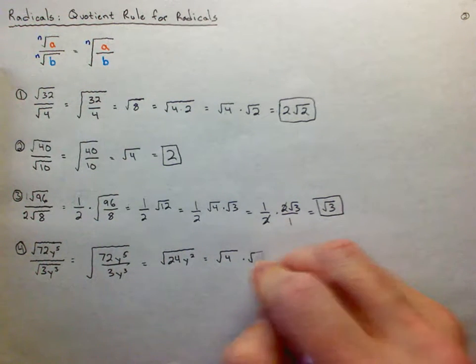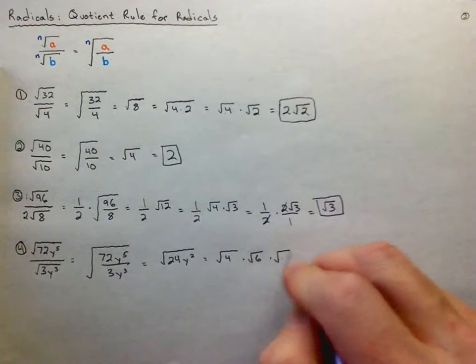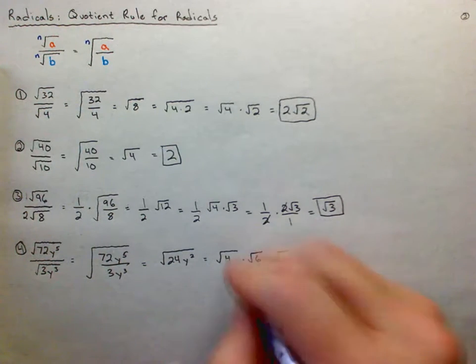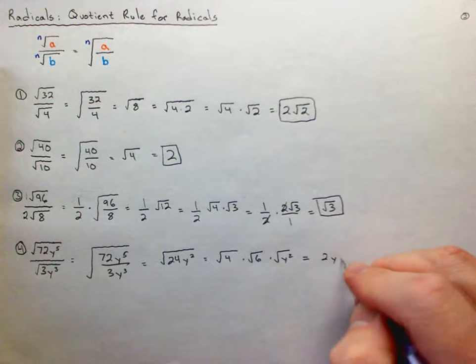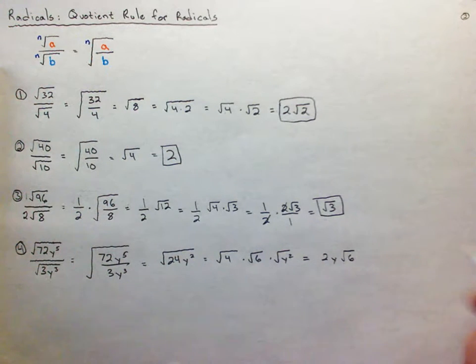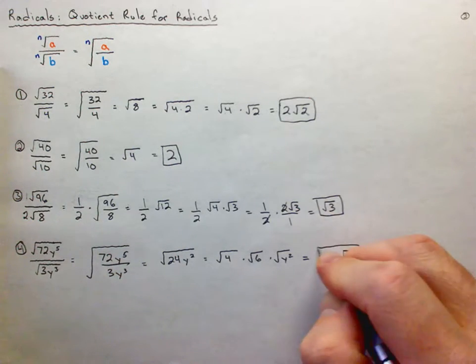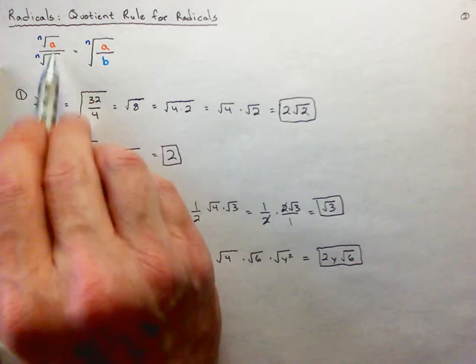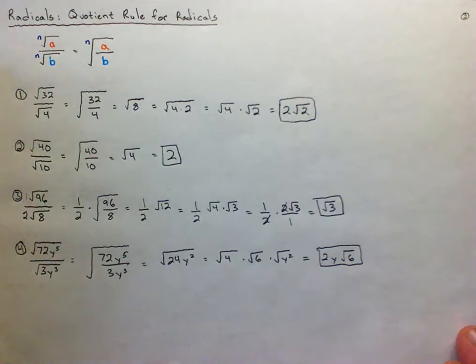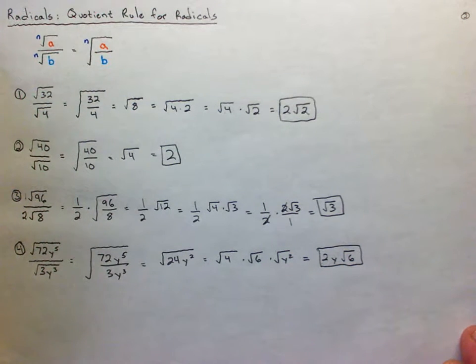Very good. So the square root of 4 is 2, the square root of y squared is y, and then a radical 6. And that is using this version where I combine my two radicals together to make a fraction under one radical.